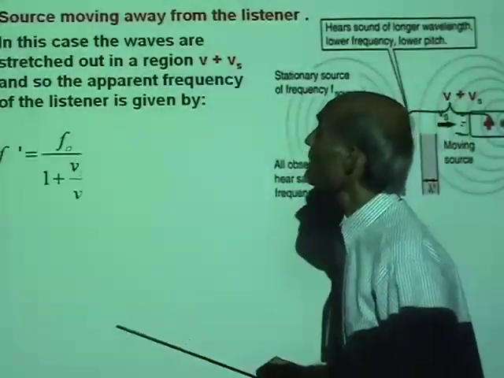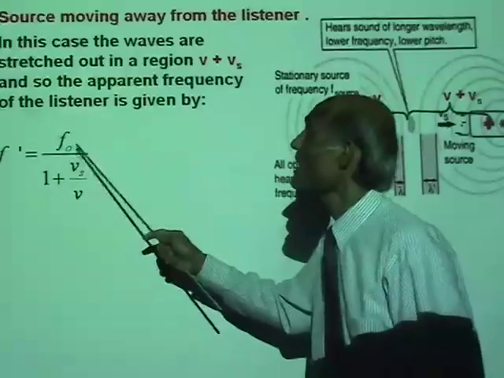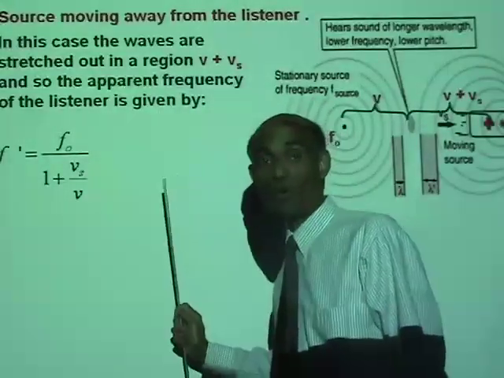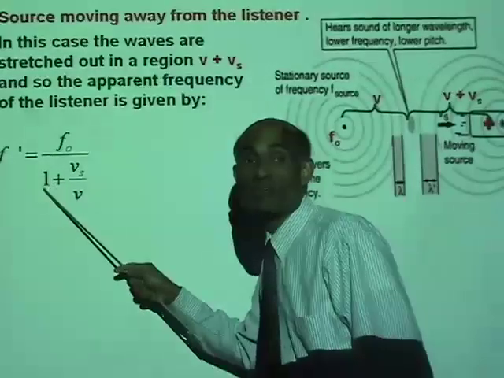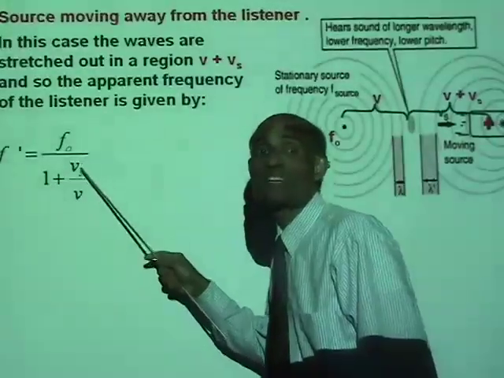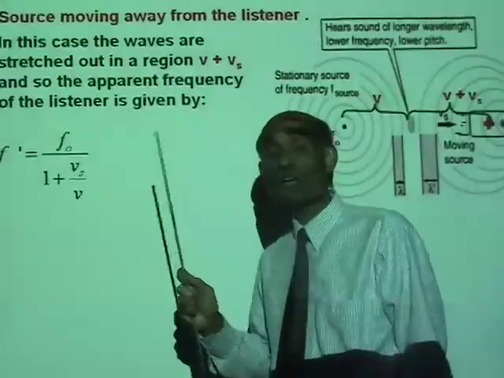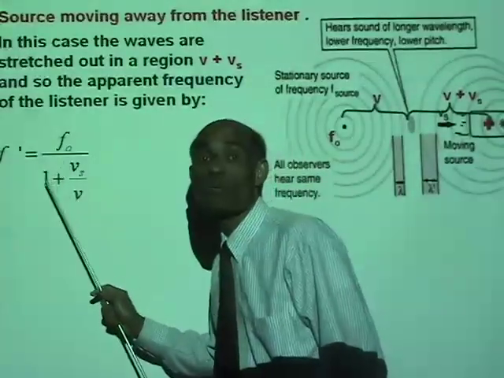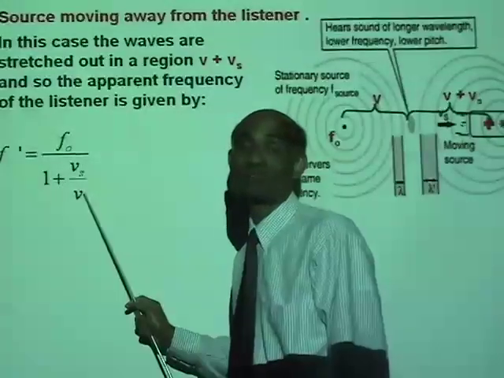And the apparent frequency can now be written as, you see, if you go back and look at the old equation, the denominator was 1 minus vs over v. So the only difference here is that in this case the denominator will be 1 plus vs over v.